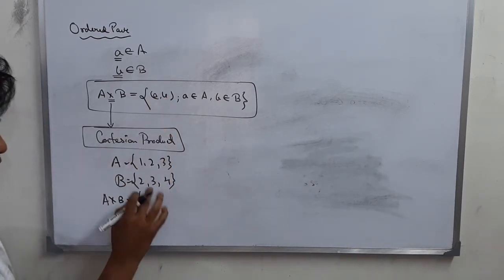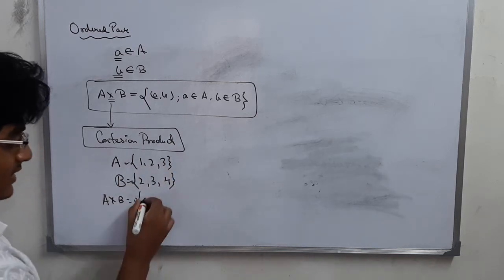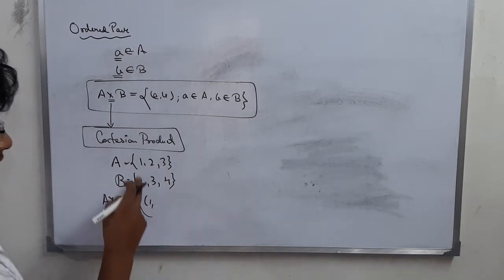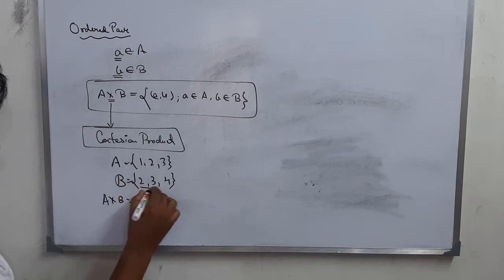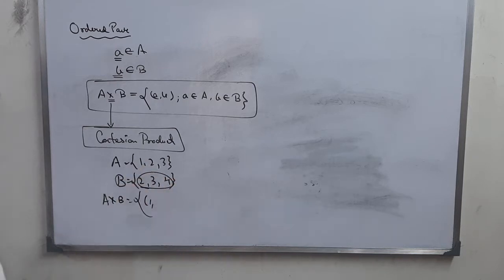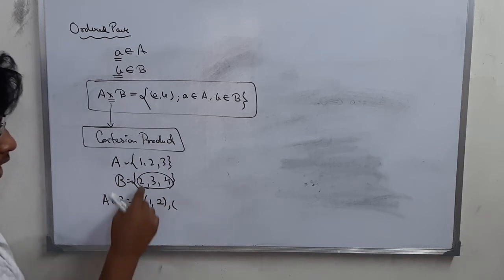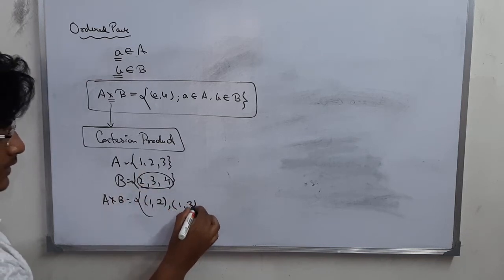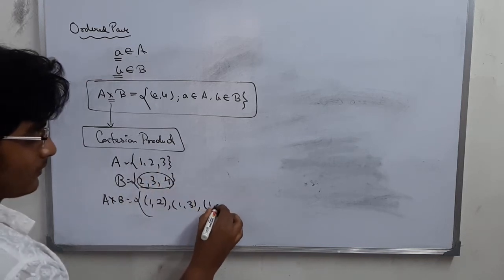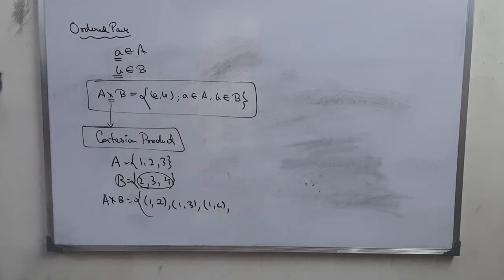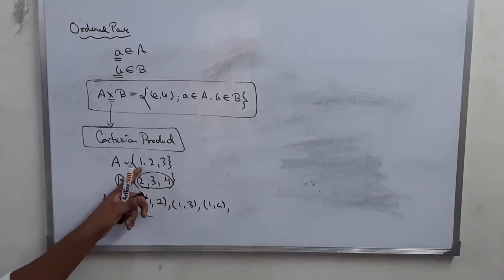So the first element should be from A. So let us take 1. Then we have to place the elements of B with the element of A. So 1 with 2, 1 with 3, 1 with 4. The purpose of 1 is now over.